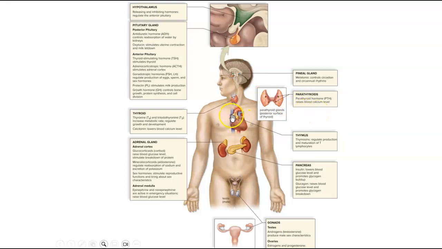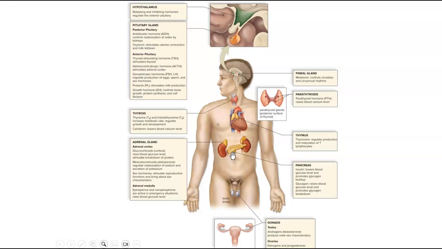Then we have the thymus, which produces thymosins that regulate the production of T cells or T lymphocytes, which are white blood cells that are part of our immune system. We have the pancreas, which produces digestive enzymes, but for the endocrine system, it produces insulin and glucagon.